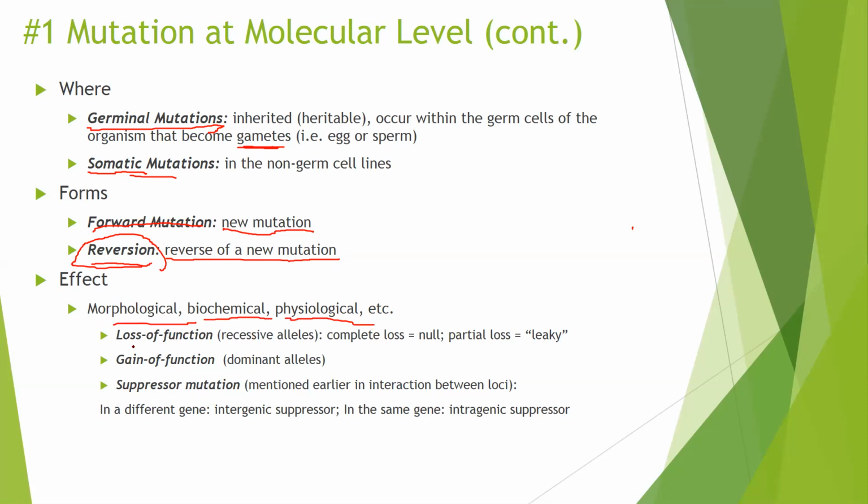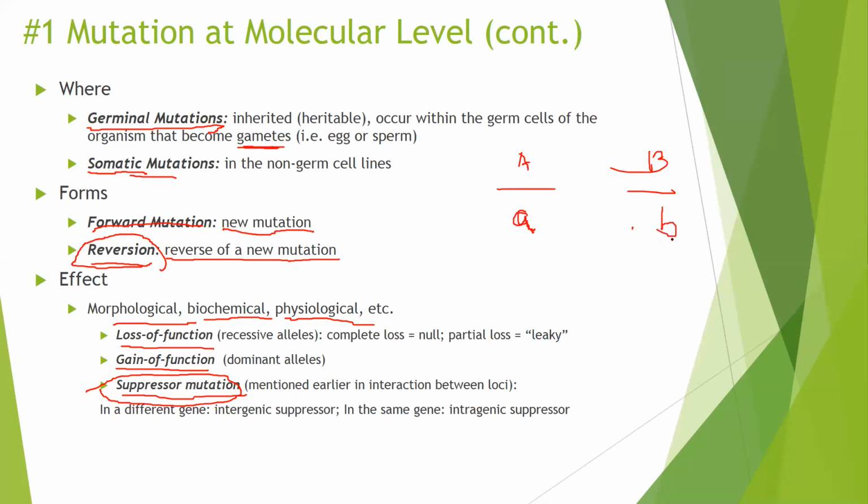And we have learned this before, the mutation can cause the loss of function, or gain of function, or suppressor mutation. So I hope you still remember this concept. The suppressor mutation means we have two genes, right? So A gene and B gene. The A gene mutation will cause some mutant phenotype.